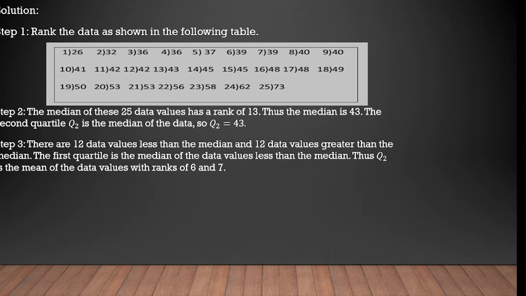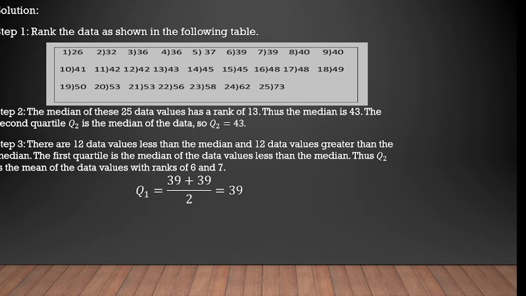So, step 3. There are 12 data values less than the median and 12 data values greater than the median. In finding the first quartile, the median of the lowest data values up to the median is the first quartile.